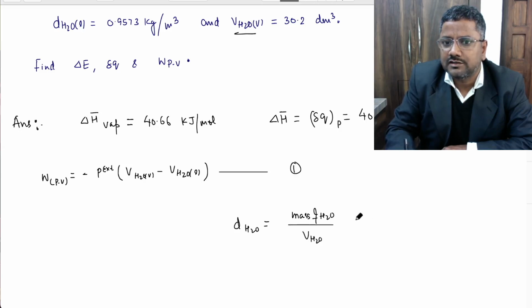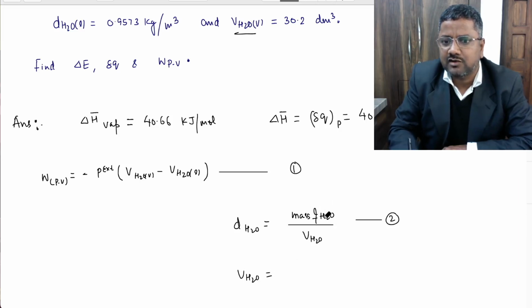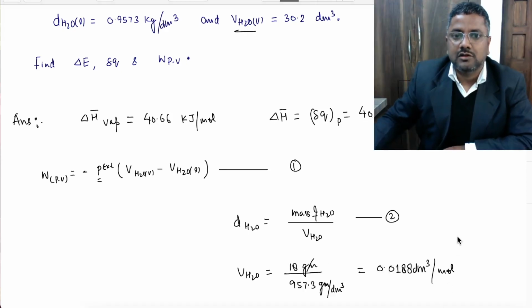So this is equation 2. You can use this equation to calculate volume. So volume of water is equal to mass of water. What is 1 mole we have taken? So 1 mole means 18 gram divided by the density.